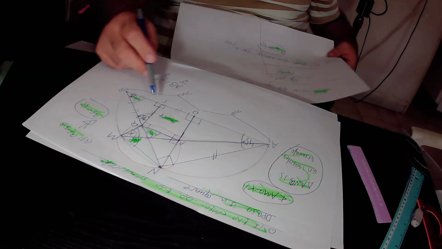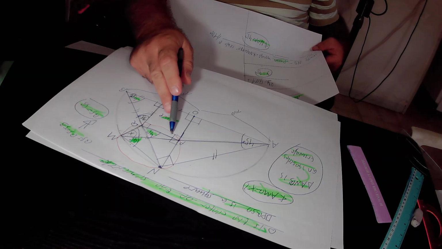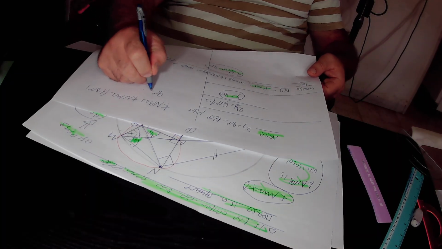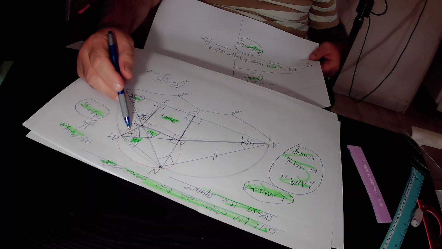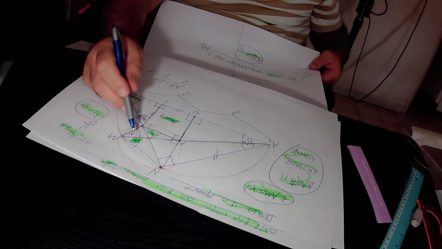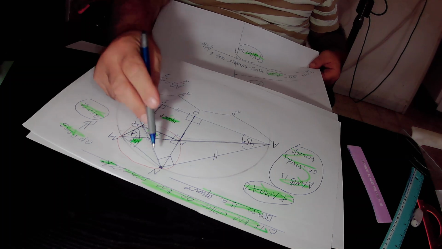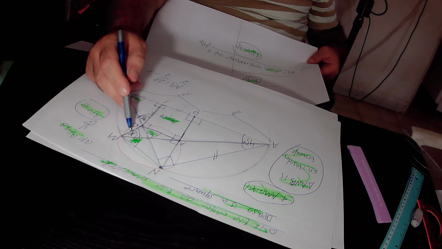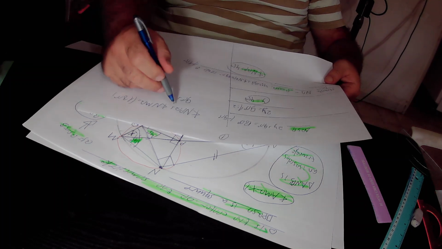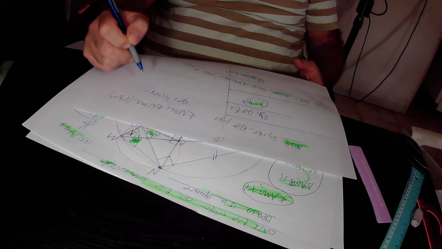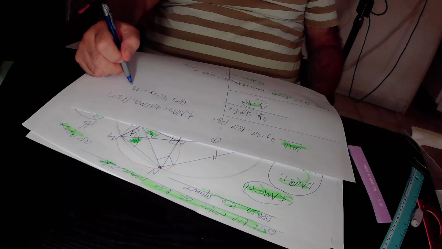Angle NPQ, this is angle NPQ, that is a right angle, plus this is angle NMQ. Angle NMQ equals 45 degrees plus x. Again, angle NMQ in total equals 45 degrees plus x. And it equals 180 degrees.